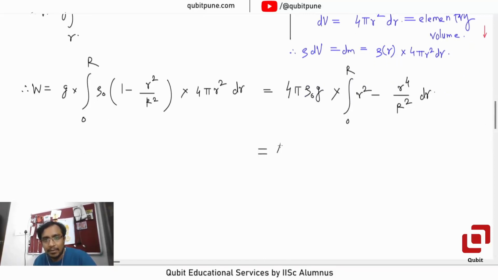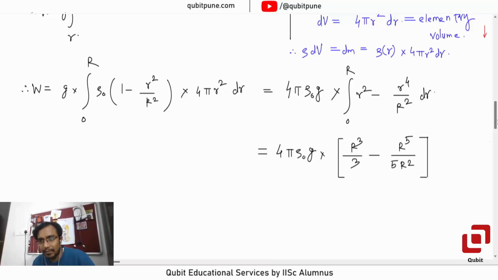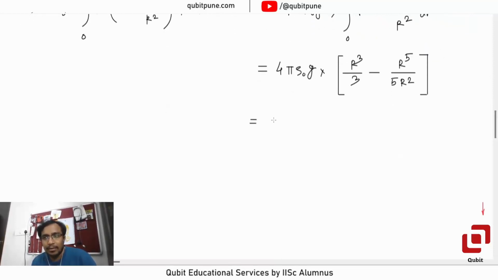4 pi rho naught g into r cubed by 3, no need to worry because the lower limit is 0, minus r raised to 5 upon 5. So it will be 4 pi rho naught g R cubed into 1 upon 3 minus 1 upon 5.